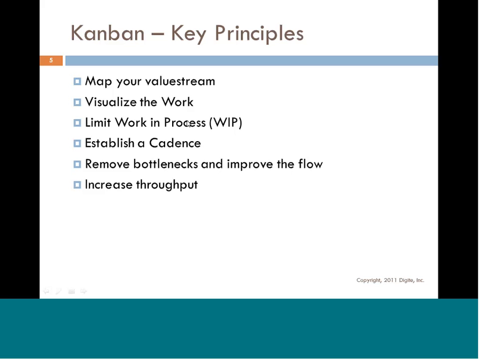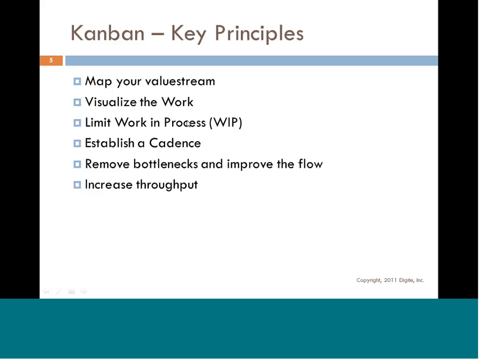The third one is limit work in progress. This is an important principle of Kanban, primarily because, number one, when you limit work in progress, you limit the context switching that one needs to do, trying to do 3 or 4 pieces of work together. And number two, limiting work in progress in Kanban also gives you an indicator when your process is not smooth.